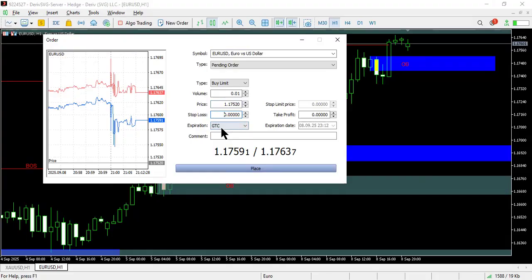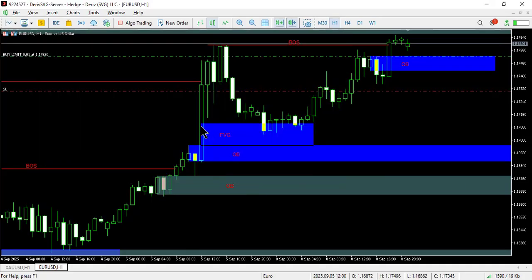Our stop loss is going to be at 1.17304. And then our take profit is going to be at 1.18300. So that is the pending order you can place on EURUSD.